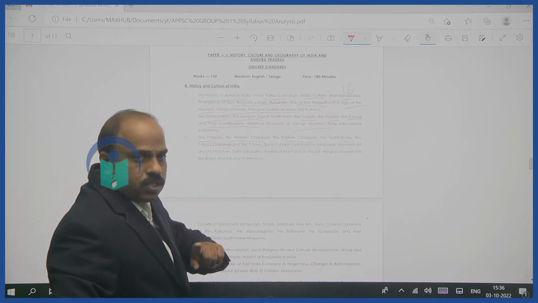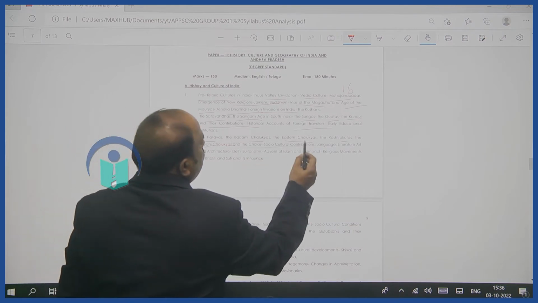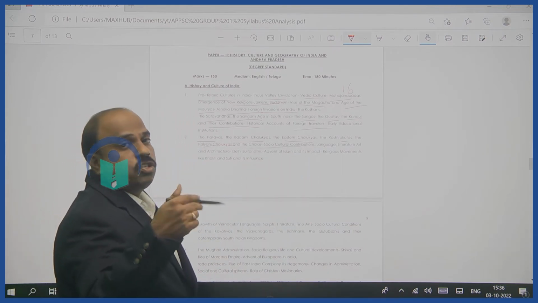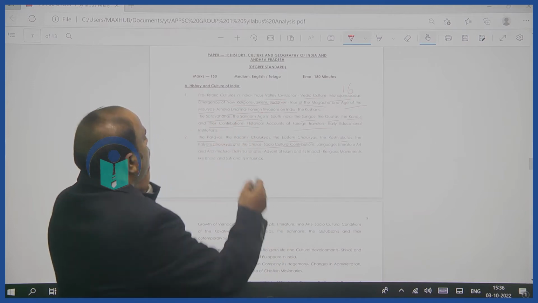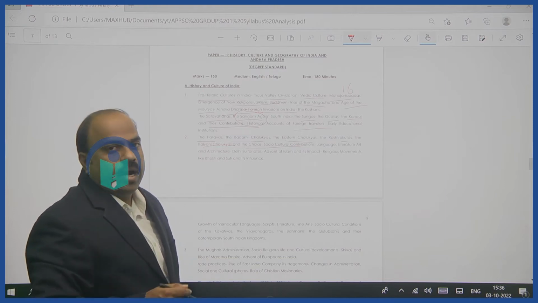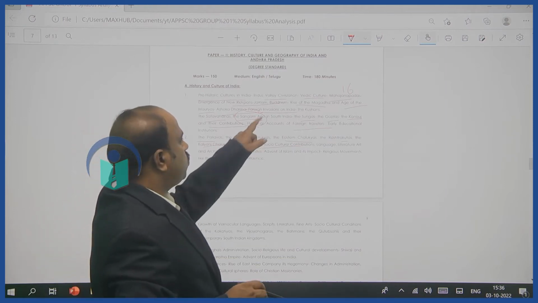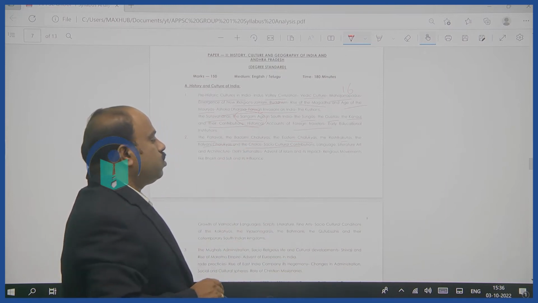Then Cholas, that is the latter Cholas, because you find the Sangam age here. In the Sangam age you also find Cholas. Then Pandyas, Cheras. Who are these Cholas? These are the early Cholas, and these are the latter Cholas.